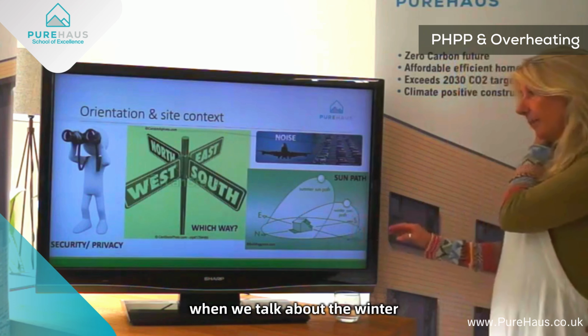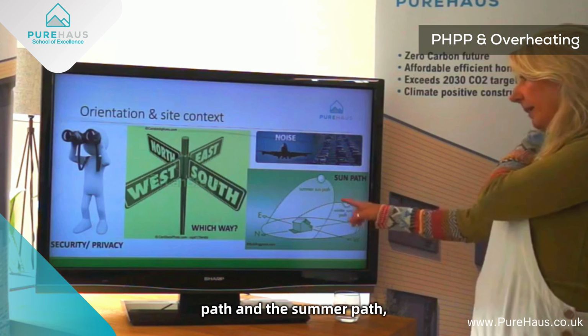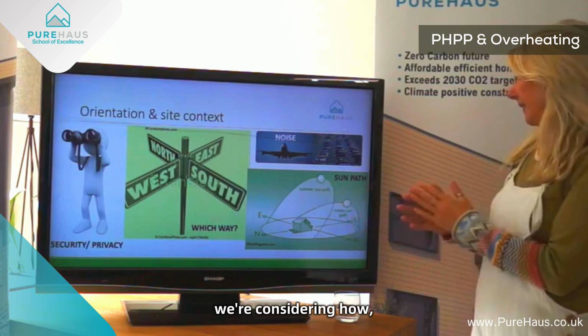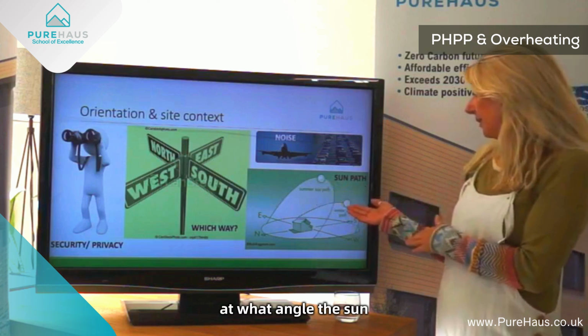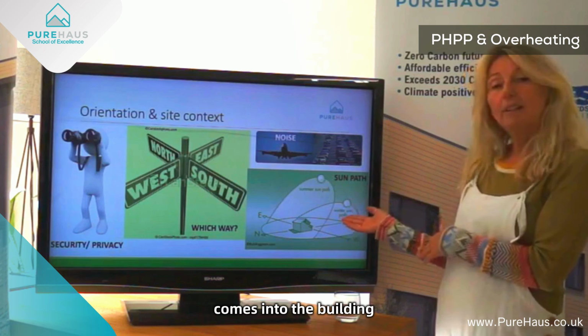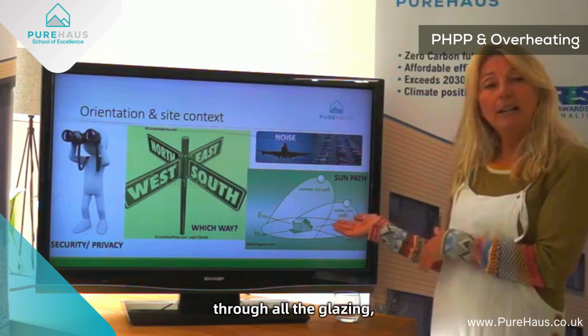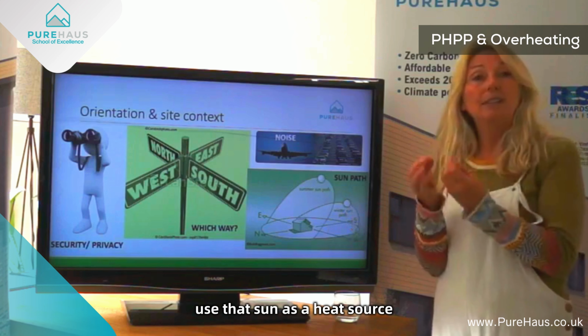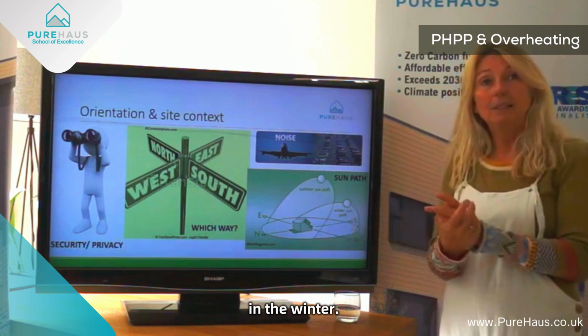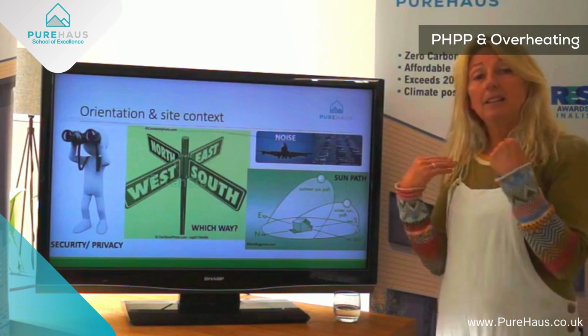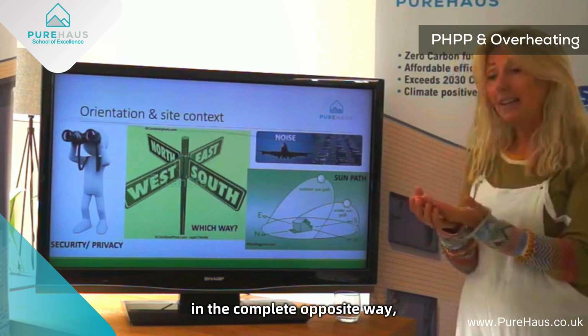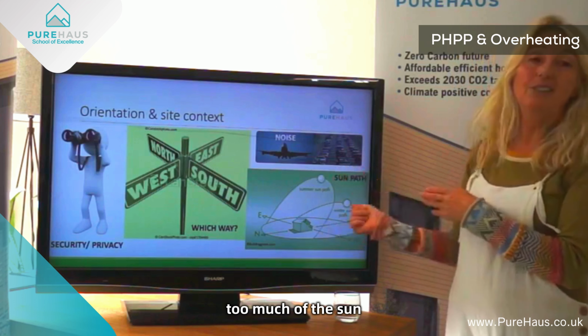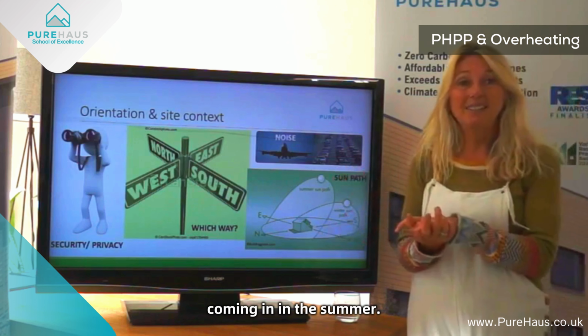So when we talk about the winter path and the summer path, we're considering at what angle the sun comes into the building through all the glazing, through all the windows, and therefore how we can use that sun as a heat source in the winter. And then in the complete opposite way, how we can prevent too much of the sun coming in during the summer.